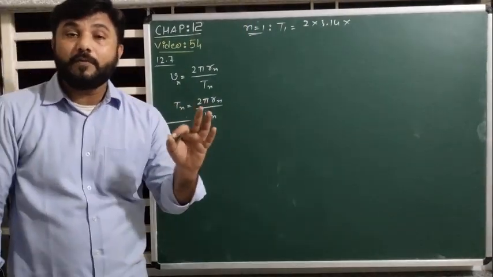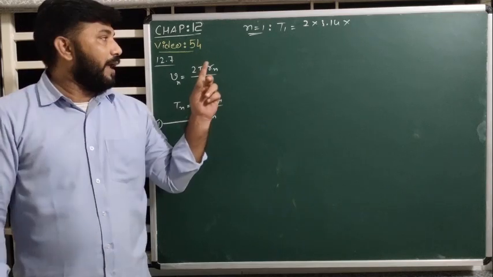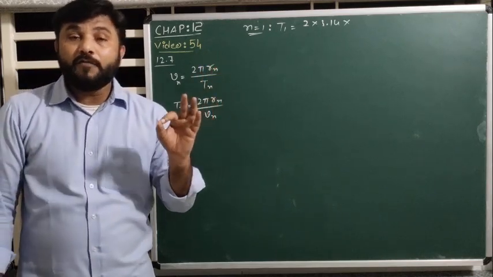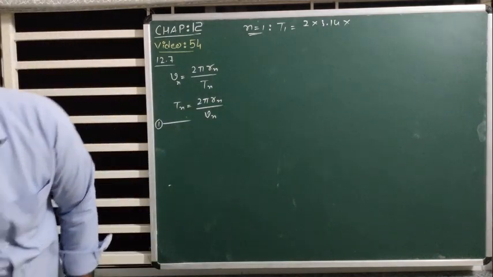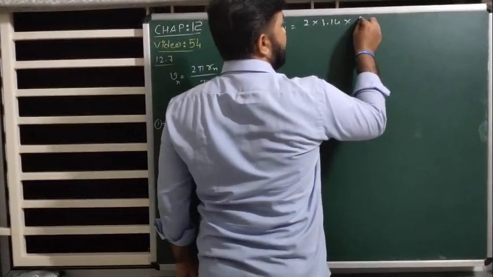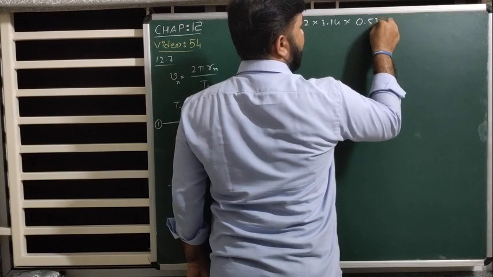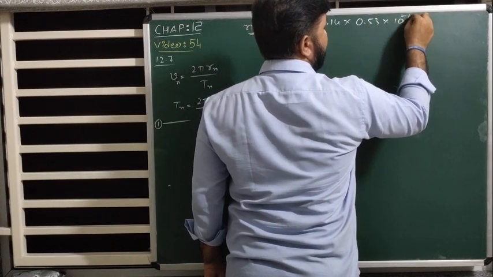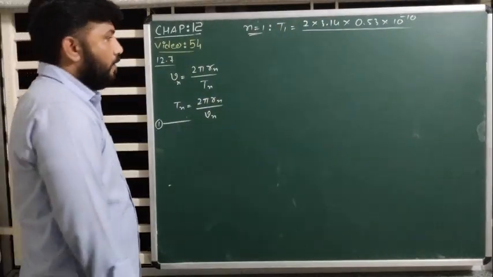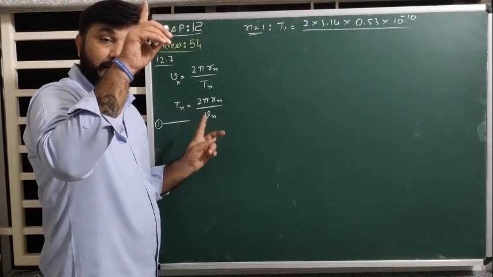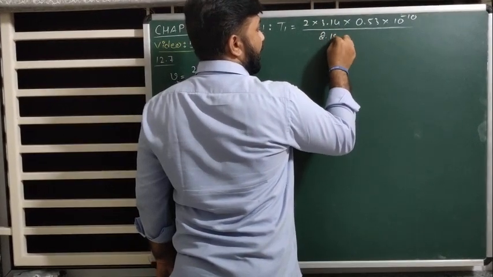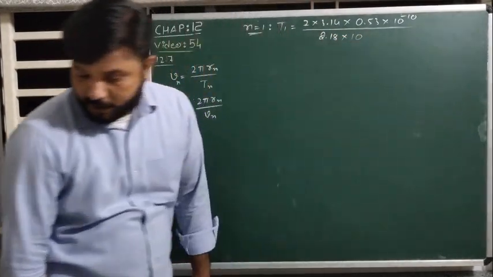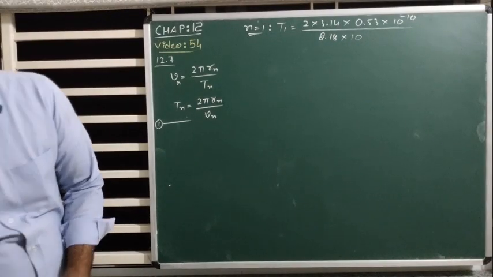See the textbook, it is not given in our question, but for n is equal to 1, you have to keep in mind the value of r, that is 0.53 multiplied by 10 raised to minus 10 meter, divided by V1, that is velocity number 1 that we have seen in the first part. What was it? I think it is 2.18 multiplied by 10 raised to 6.